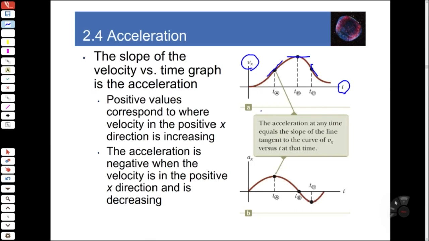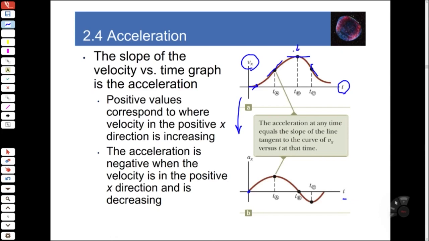Okay, so you can repeat this at every point here, and then draw a diagram of t versus a_x. Here, for example, the slope is 0, so it starts from 0. At this point the slope is highest. The slope starts from 0, begins to increase, then begins to decrease, and becomes 0 here.